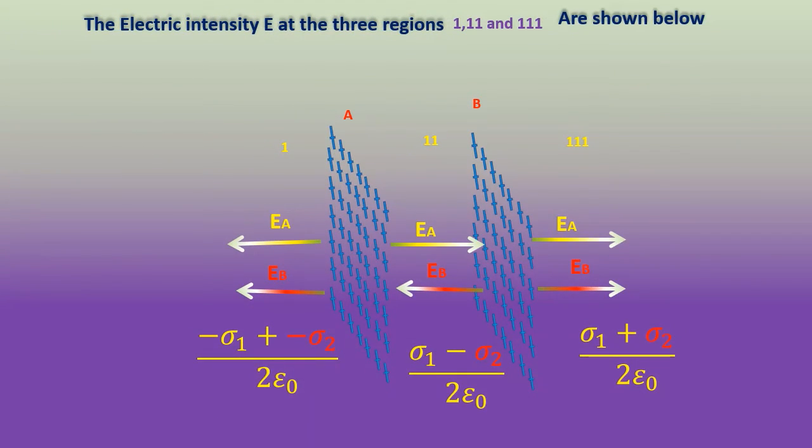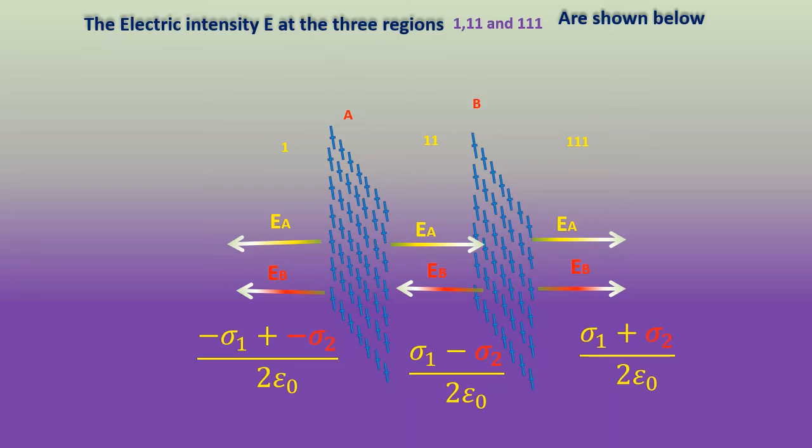The electric intensity E at the three regions are shown here. At the region 1, EA and EB are in the same direction, but it is in the negative direction. So we can write it as minus sigma 1 plus minus sigma 2 divided by 2 epsilon 0.